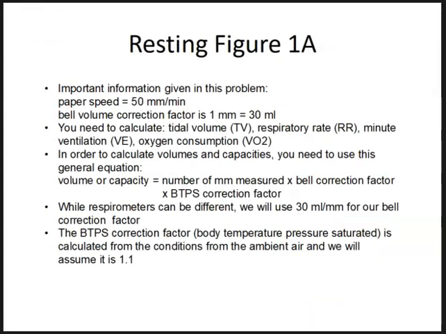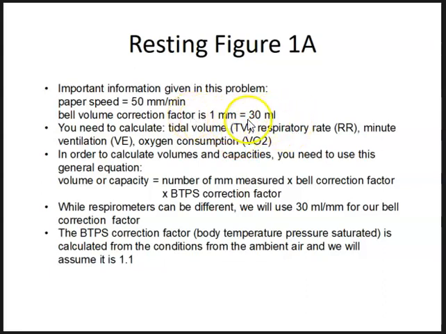So for the first part, for rest, we are given this information. We are given the paper speed, and we know the bell correction factor is 30 mLs per 1 millimeter. We will be calculating tidal volume, okay? So this is volume just breathing in, breathing out at rest, inspiration, expiration. So just the normal air that we are breathing in, breathing out.